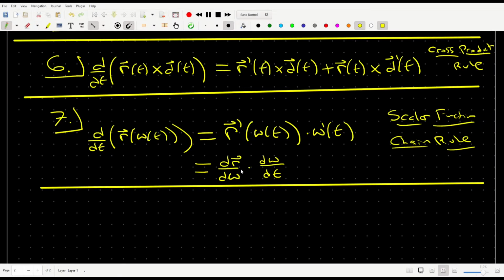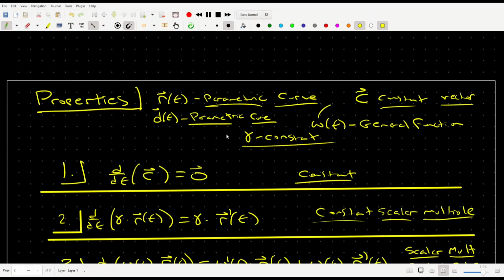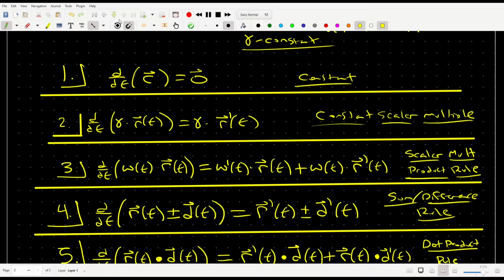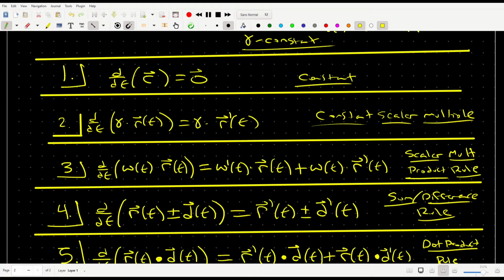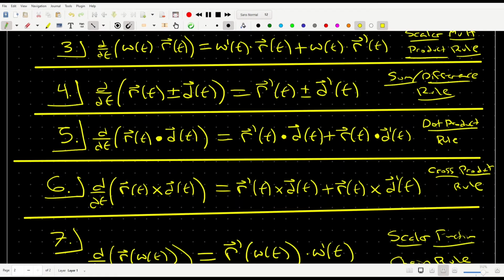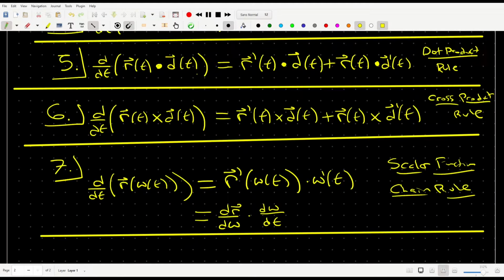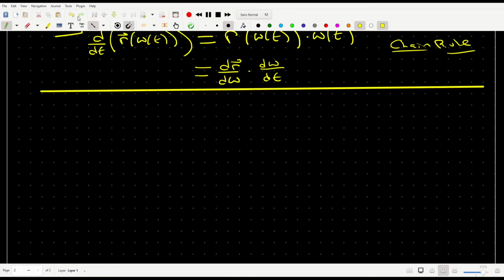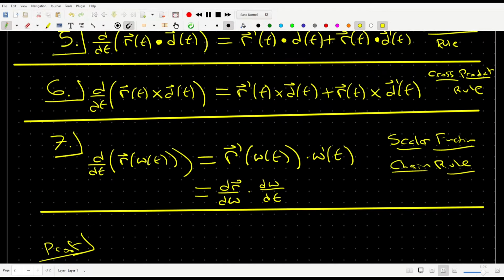But these rules are all relatively straightforward to show. It kind of just involves taking one of these rules and going through the component definition for each one of these. I'll prove one right here just to show you what I'm talking about, but I recommend going through and showing each one of these.